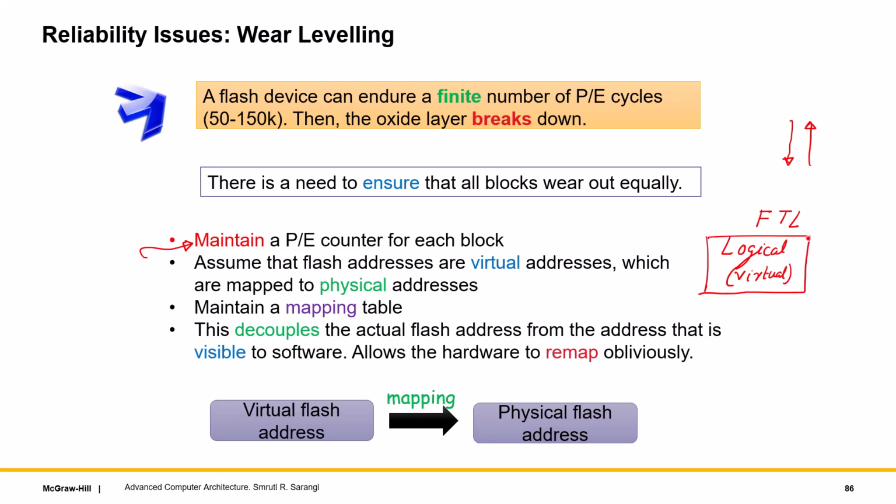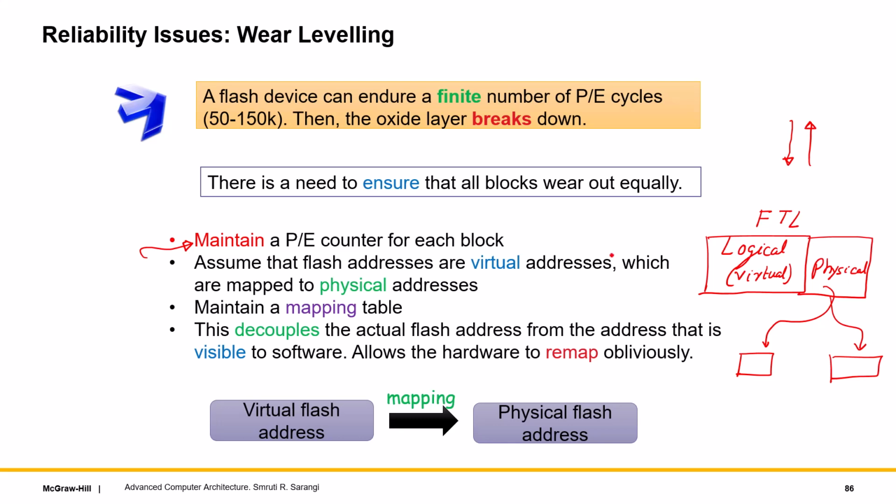Then this is mapped to a physical location within flash. The physical location that we have within flash would first be one location, and then if this is having too many PE cycles, what we would do is unmap it and map this block to some other region which is not having that many PE cycles, such that, as I said, things wear out at the same rate.